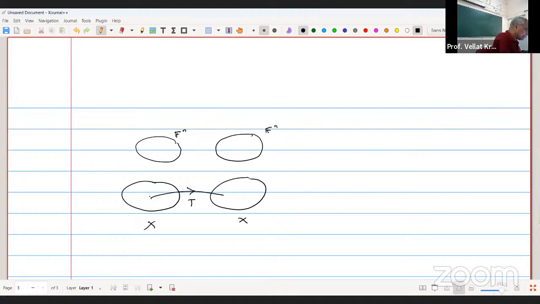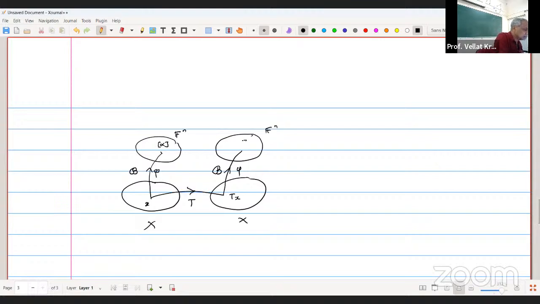Now you have a certain isomorphism which is determined by an ordered basis B. So you have X getting mapped to Tx. So this is what you have, phi B, and then this is alpha.